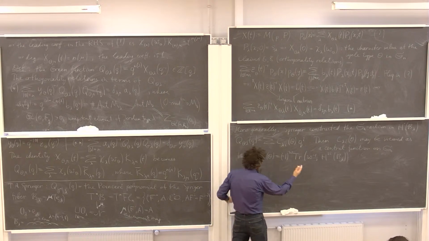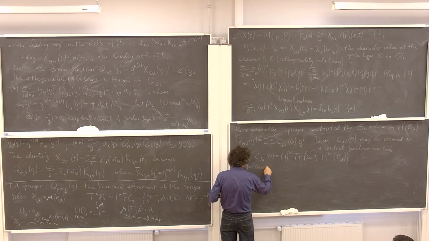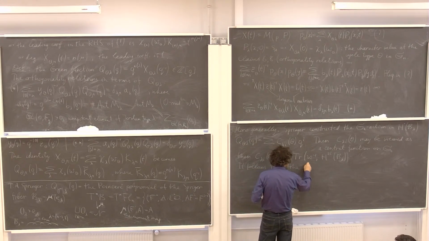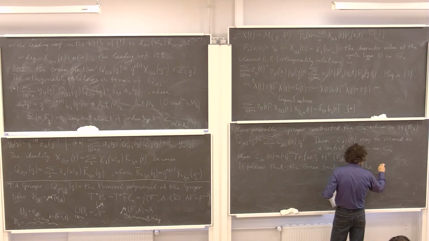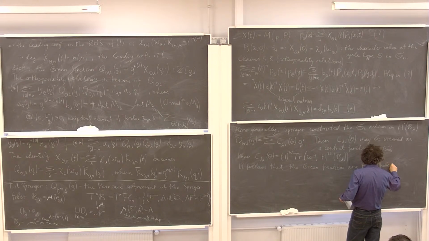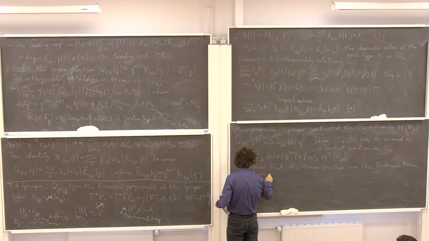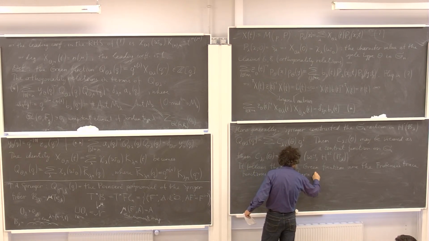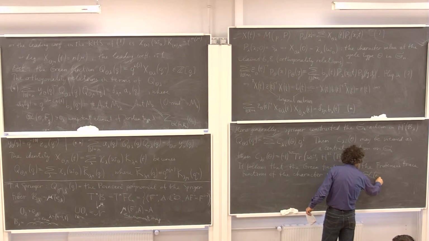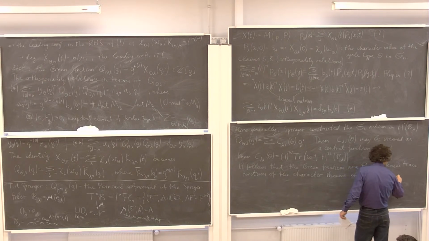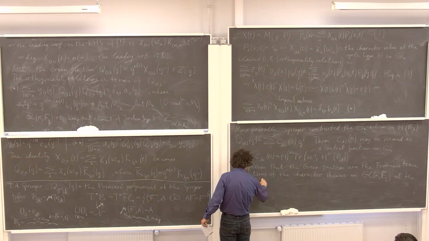Well, if you believe this, then it follows that the Green functions are the Frobenius trace functions of the character sheaves on GL_n of F_q bar at the unipotent elements.